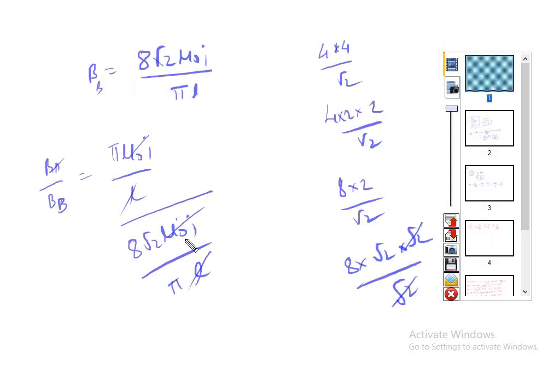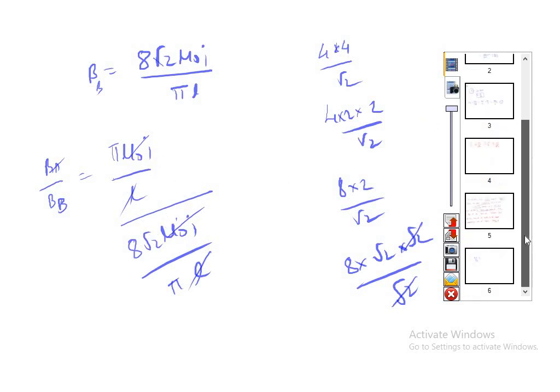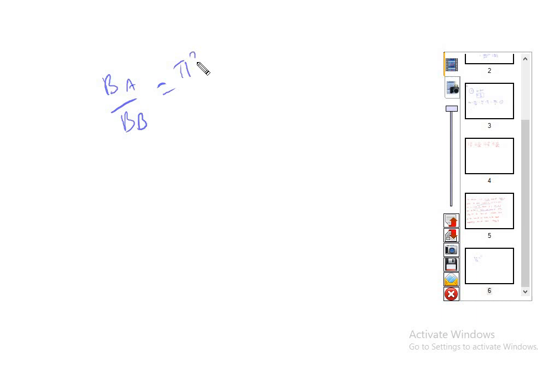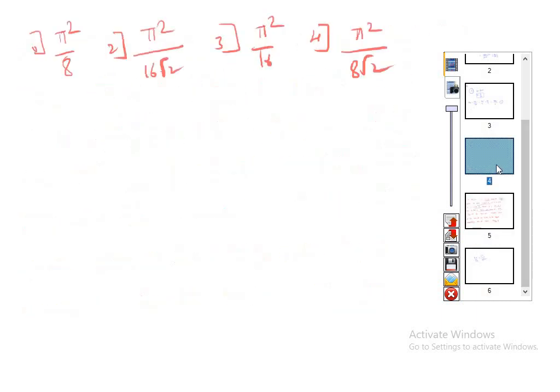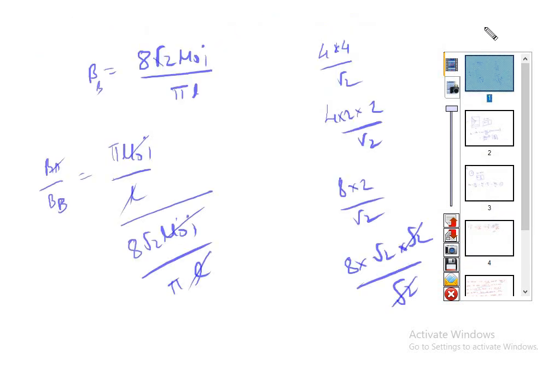So we are left with BA by BB equal to pi square by 8 root 2. So the condition is pi square by 8 root 2. So let's check that. Pi square by 8 root 2 is the correct option. So I hope it is clear.